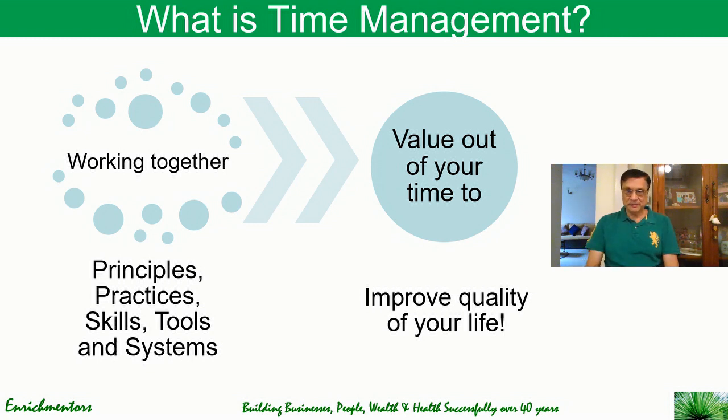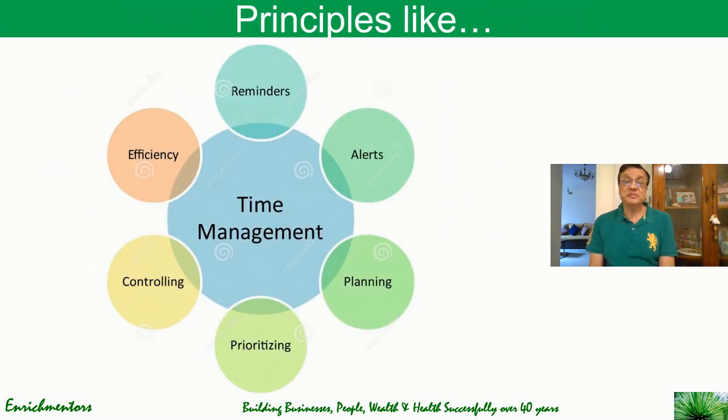So what are these principles like? Let's look at each of these. These principles could be like planning and prioritizing. Do you plan your time? Do you prioritize what you do? You need to control your time. You need to spend time where you need to spend time, and not where you don't need to.